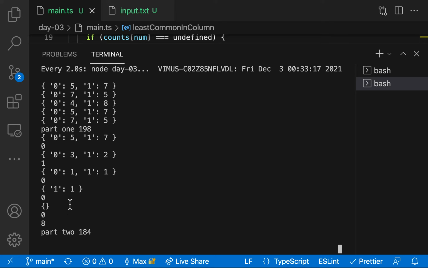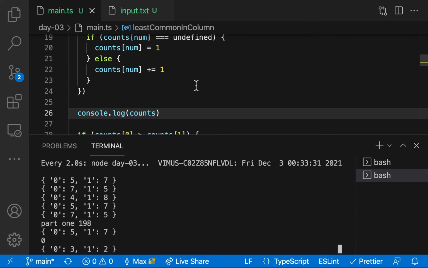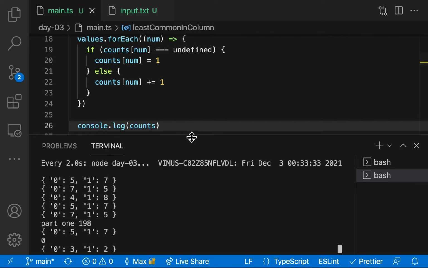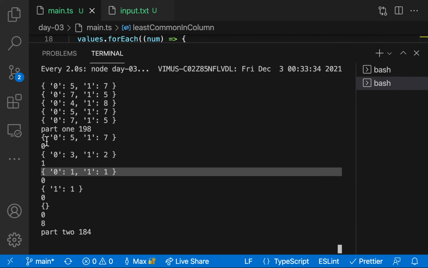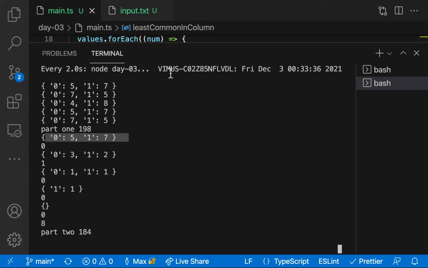Actually, what's happening here? Something weird is happening here. Oh my gosh, it'd be nice if my debugging output made any dang sense.